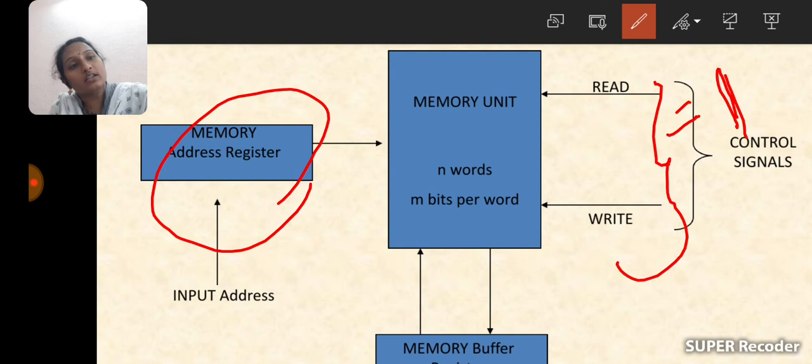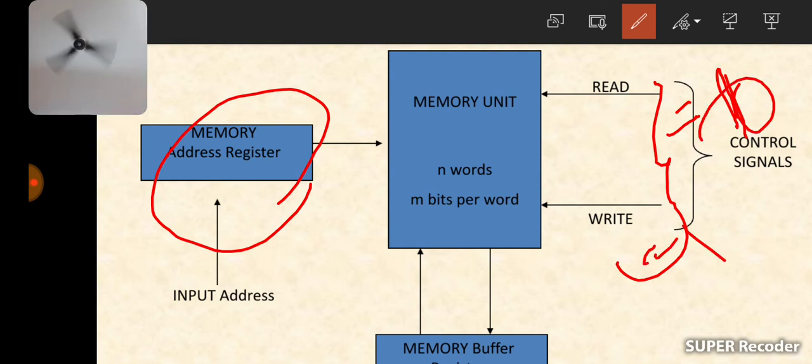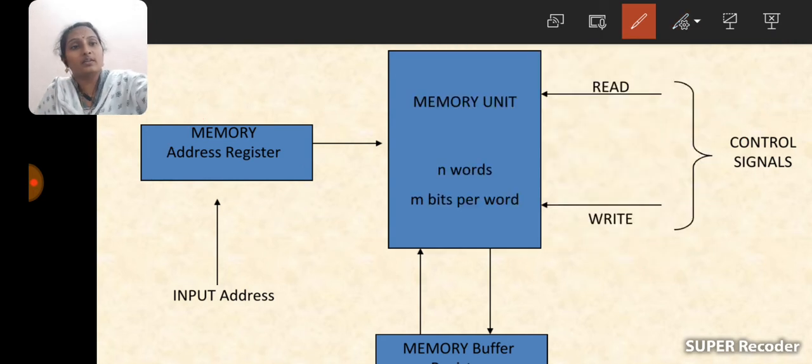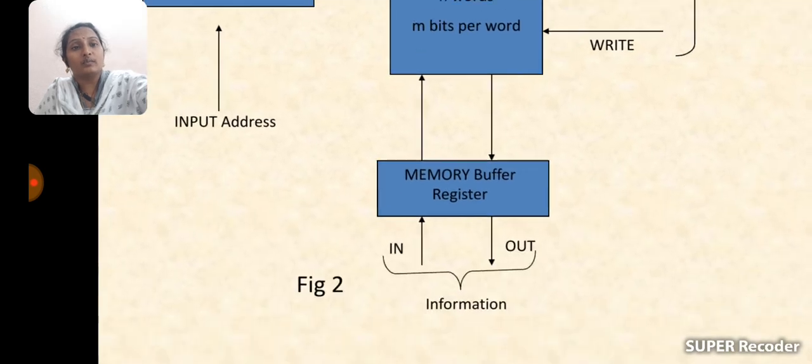If read is 0 and write is equal to 1, it indicates the write operation, meaning the elements must be entered into the memory now.